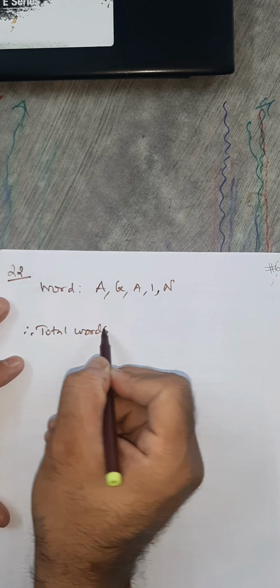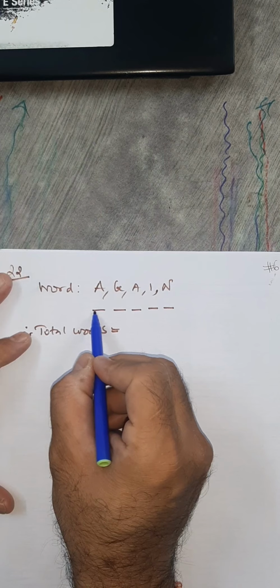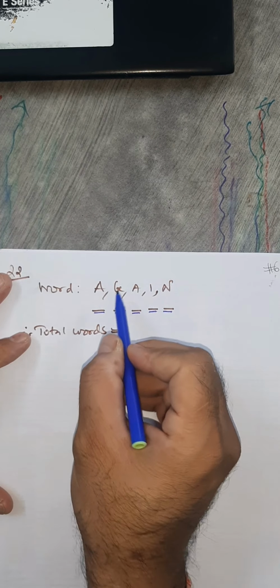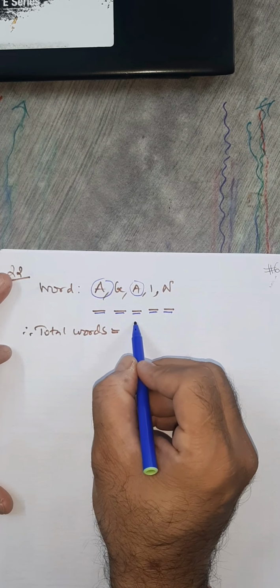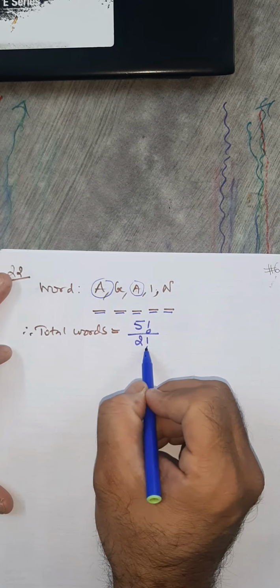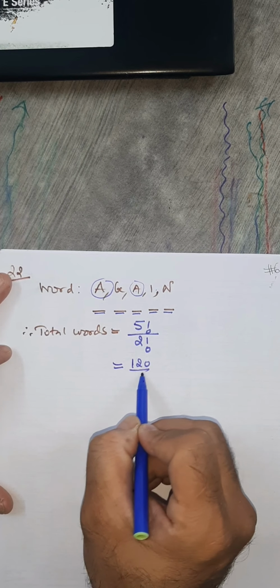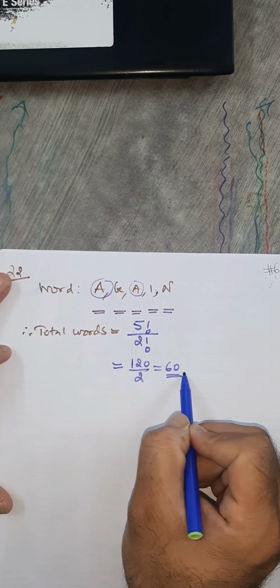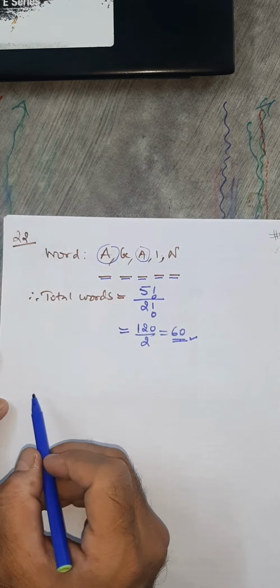Total words equals arrangement of 5 letters in 5 positions, 1, 2, 3, 4 and 5, in which A is repeated twice. So 5 factorial upon 2 factorial, permutation with like objects. 5 factorial is 120, by 2, so 60 words can be formed using the letters of the word.